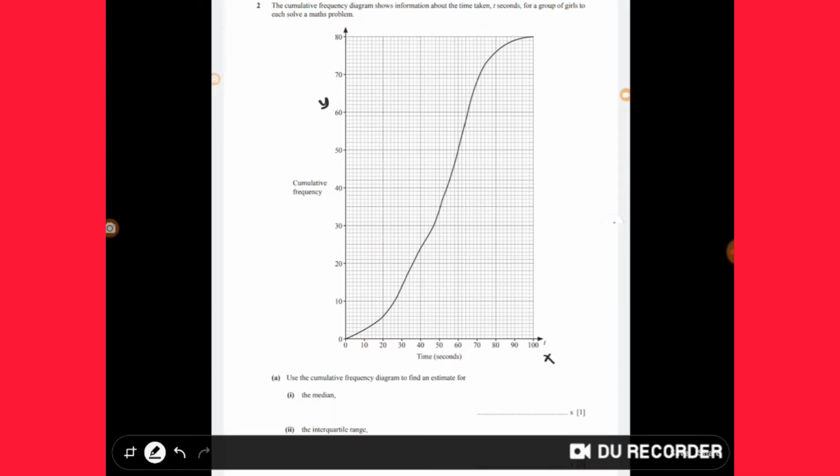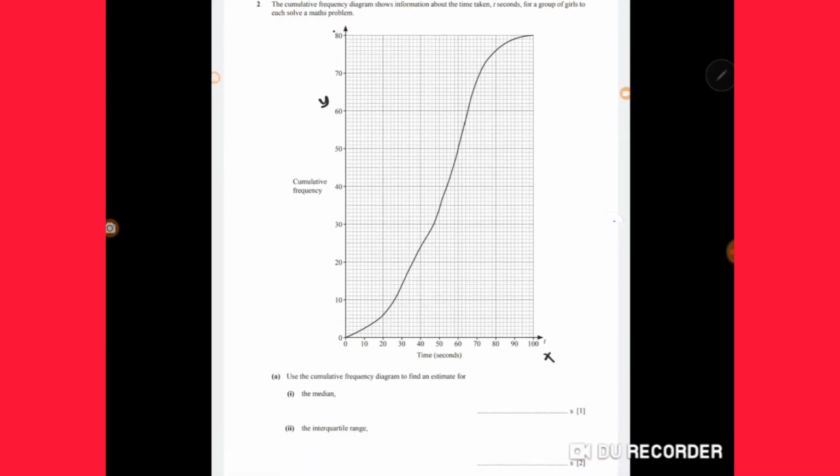What is the median? The median is the middle value of the data. In this case, the total cumulative frequency is 80.